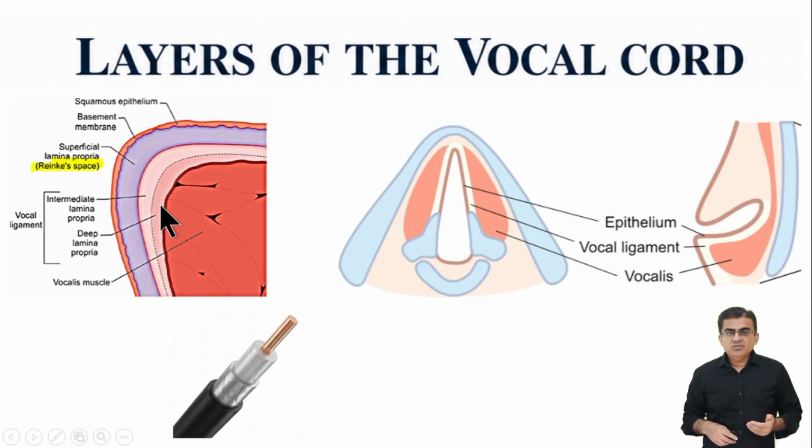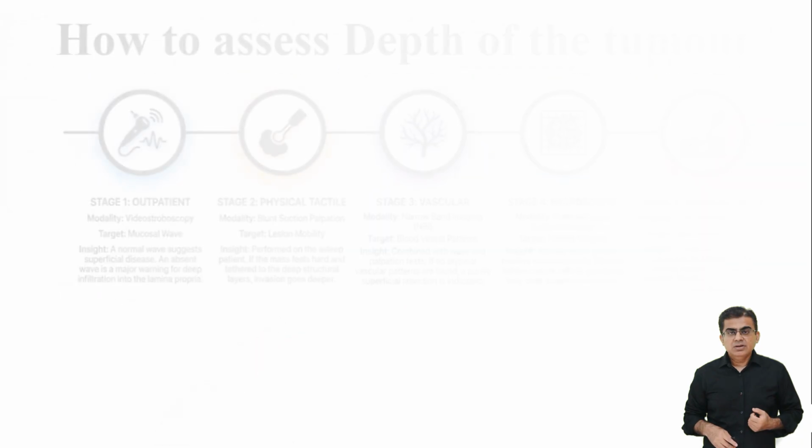They come together to form a very strong band. Look at the light pink area labeled as the vocal ligament. Finally, at the very deep level, we find the thick vocalis muscle. This deep muscle is the essential copper wire of our electrical cable. Your exact depth of cut into these specific layers will directly determine the European classification of your surgery.